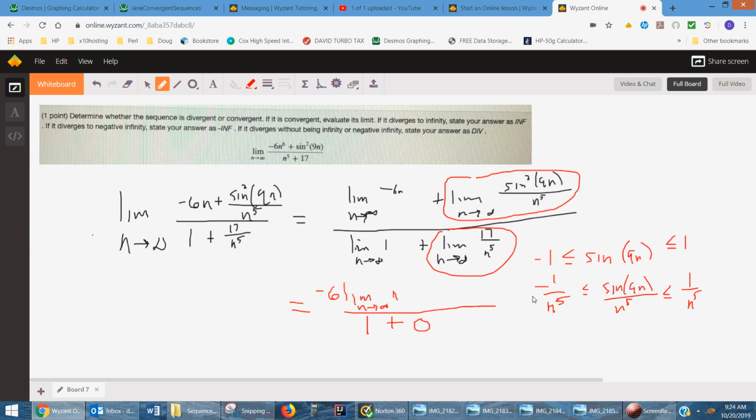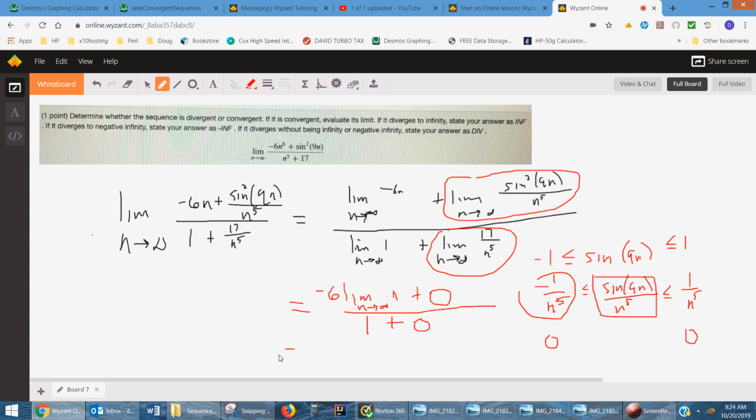And if I square all three parts, oh no, I have to have sine squared here. Well, the idea is that this is like a sub n, b sub n, c sub n. This limit is 0, this limit is 0, so this limit has to be 0. And if its limit is 0, then if I square the numerator, the limit will still be 0. So this is a plus 0 also. Again, this limit is 0 by the sandwich theorem.